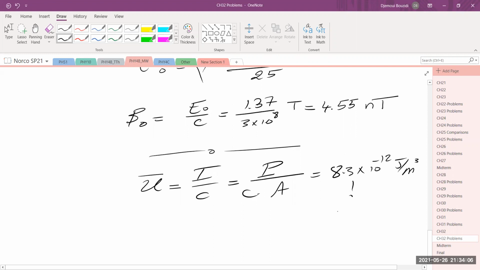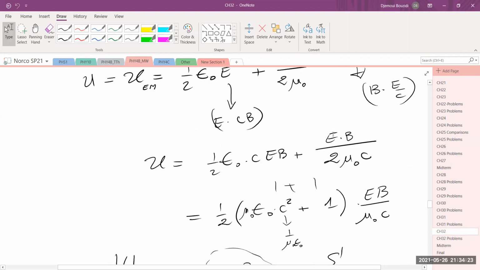Part D. For the energy density in part C, what percentage is due to the electric field and what percentage is due to the magnetic field? This question has nothing to do with this problem. Let me tell you why. When we did the lecture, we found the energy from the electric field contributes by a factor of 1, and at the same time the energy from the magnetic field contributes by an amount of 1, because mu naught epsilon naught is 1 over C squared times C squared, which is 1.